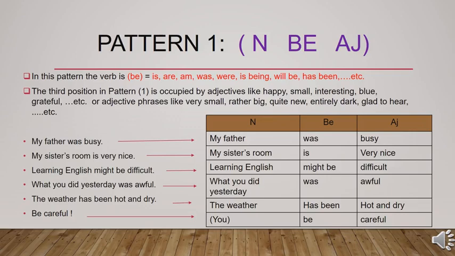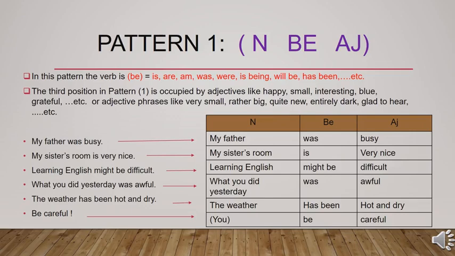Adjective phrases consist of the adjective plus words that modify this adjective, like very, rather, quite, very small, rather big, quite new, or an adverb that modifies the adjective, entirely dark, or an adjective plus to with a verb, glad to hear, good to know. So all of these are adjective phrases. They can occupy the third position in pattern number 1.